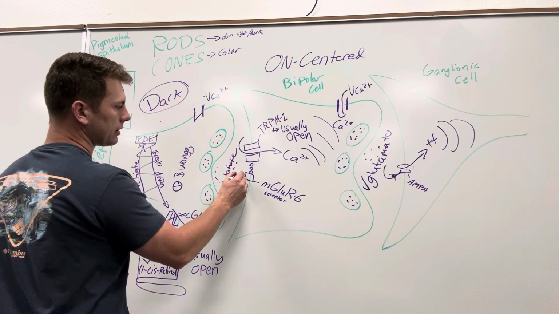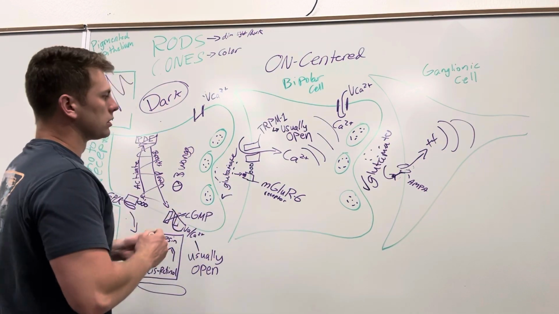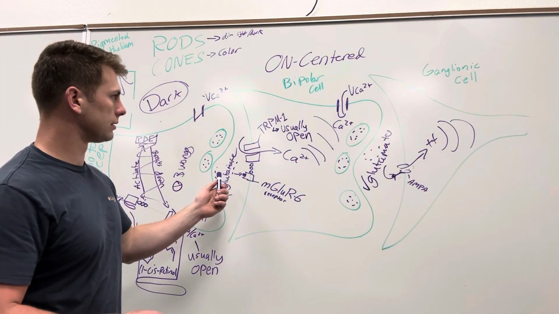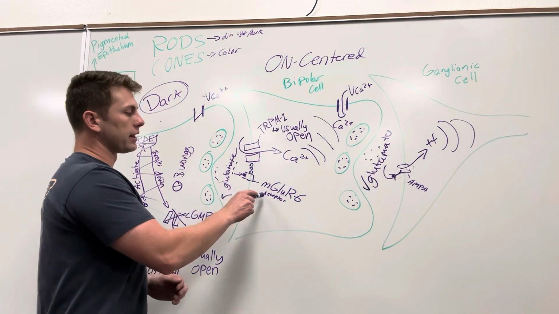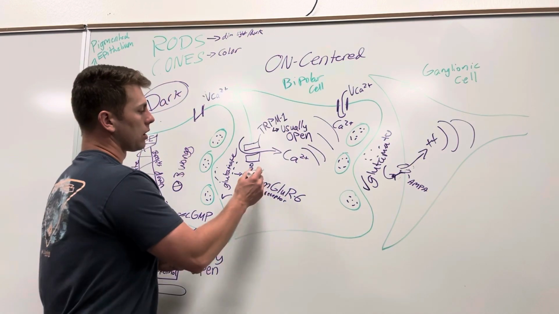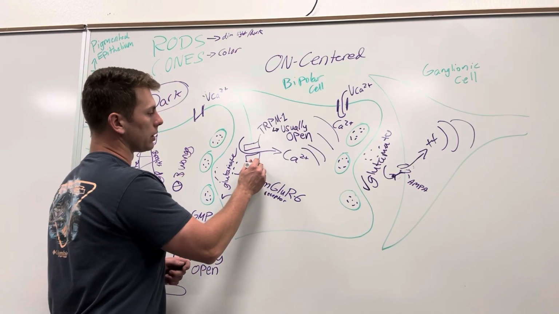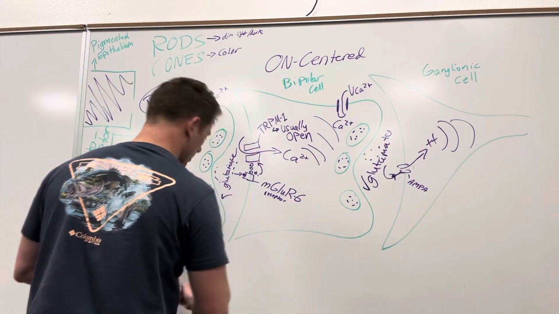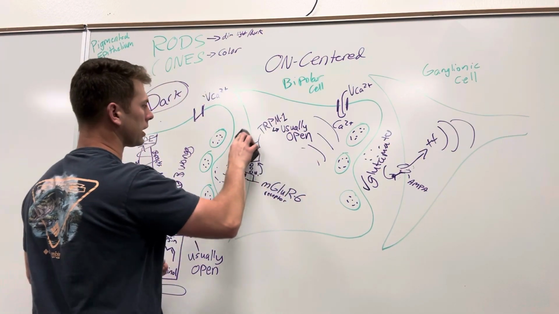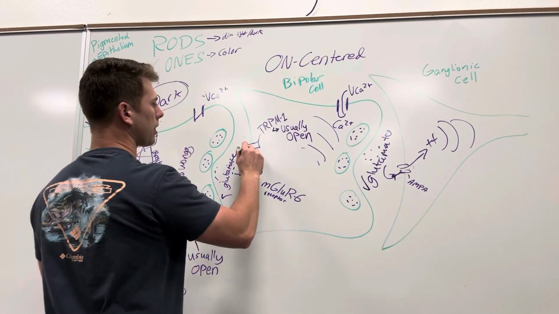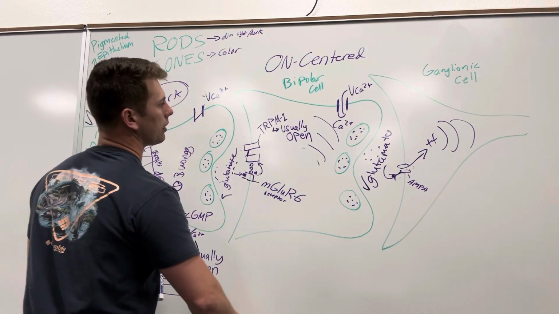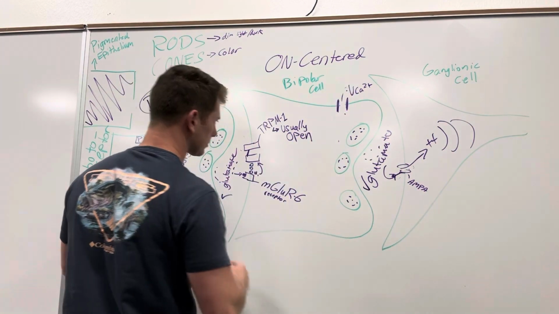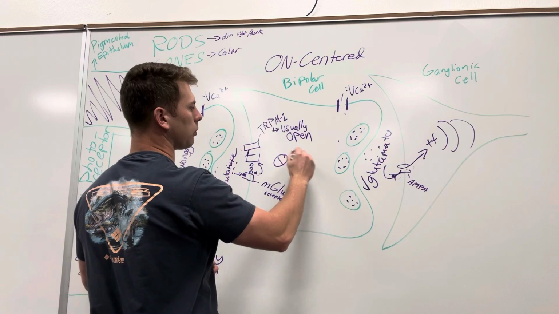It will bind to the mGluR6 receptor, which the alpha subunit will do its work on TRPM1, which means it will actually close it. And so no calcium will get in. So we don't have a blip.